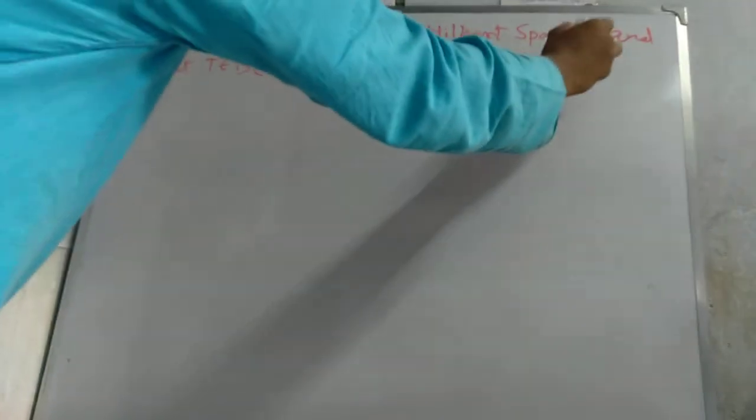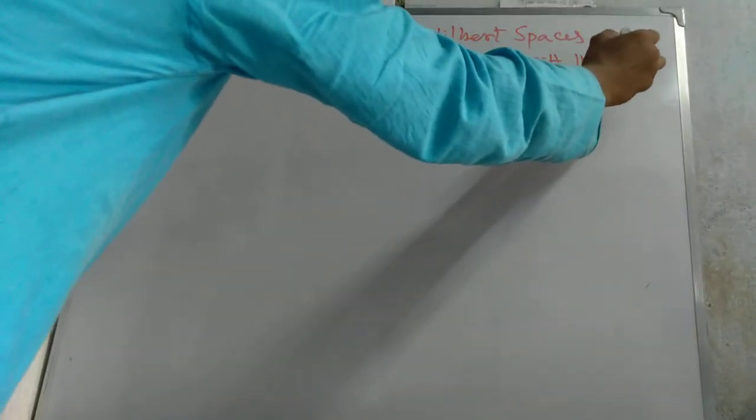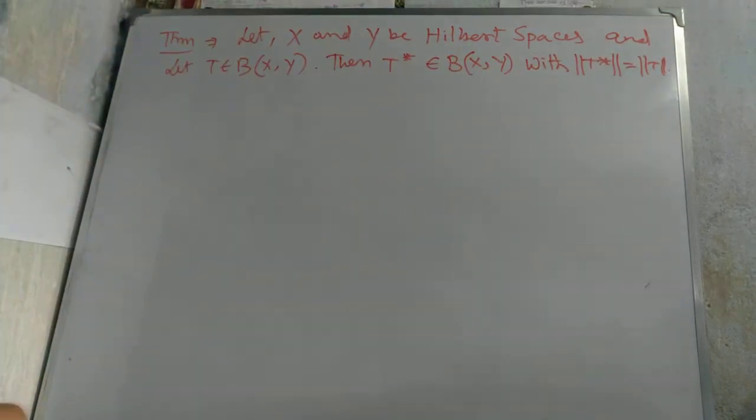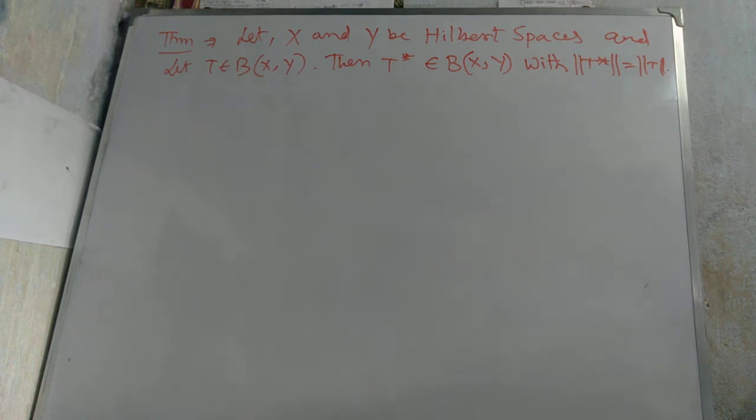Then T star belongs to B(Y,X) with norm of T star equal to norm of T. Now we write the proof of this theorem.